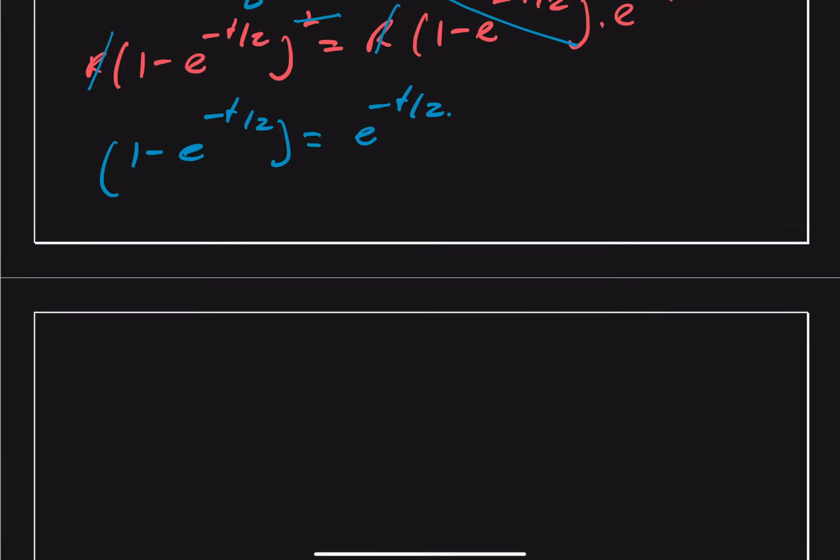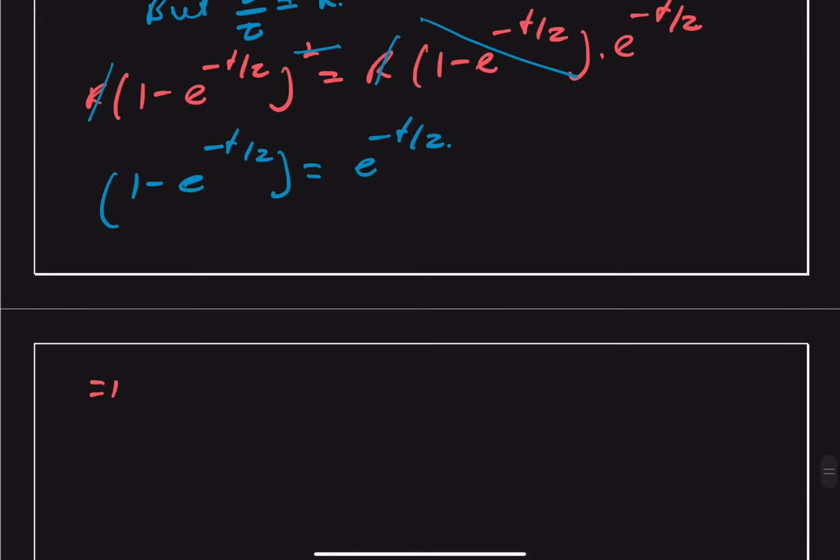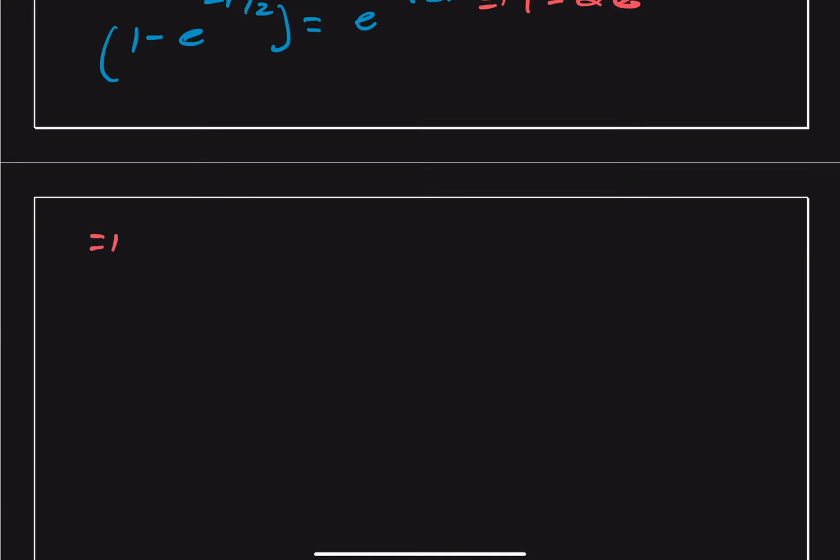Now we are almost done with the solution, so we can write this as 1 is equal to 2e raised to power minus t upon tau, and this gives us that e raised to power t upon tau is equal to 2, or our t upon tau is equal to natural log of 2.